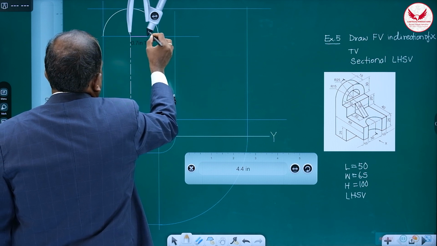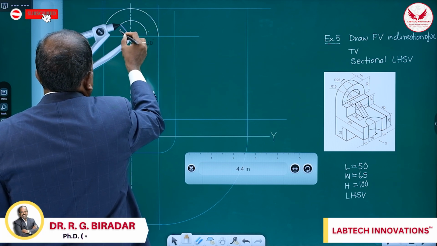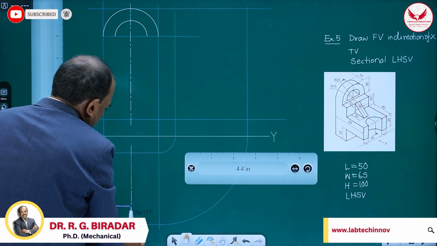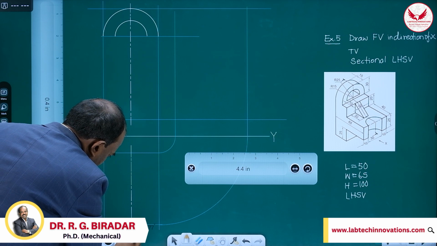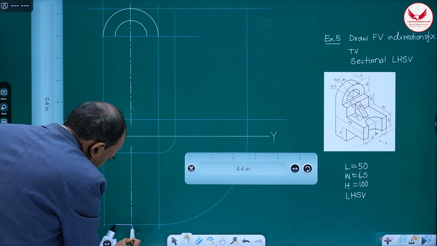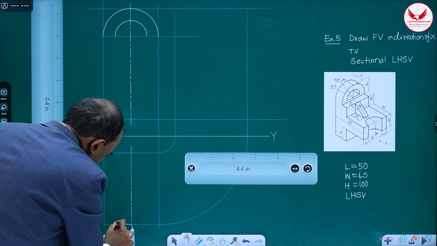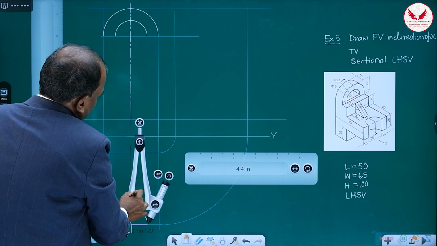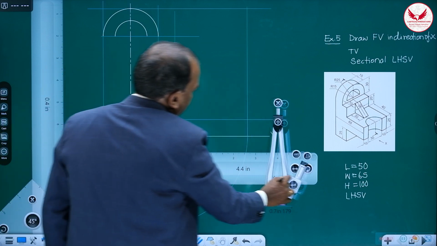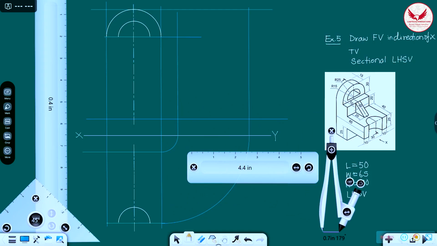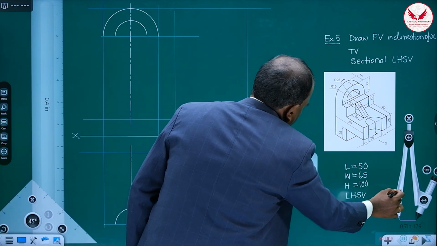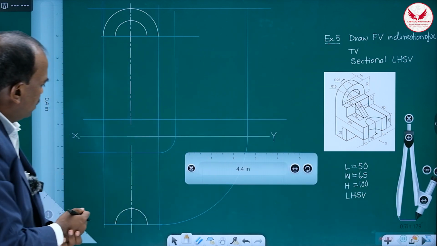Draw this semicircle. Then in the top view also, where is that semicircle? At this place. Then draw this semicircle. So now I have drawn all the circles and semicircles in all the views.